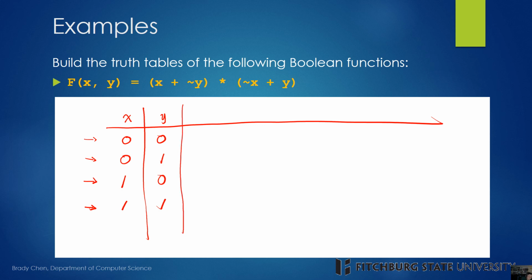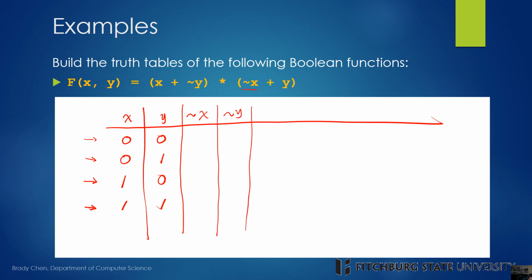Now to build this table, to calculate f of x and y, we just need to calculate each of the components. The first ones we need to calculate are the tildes, right? The tilde has high precedence. So tilde x, tilde y.